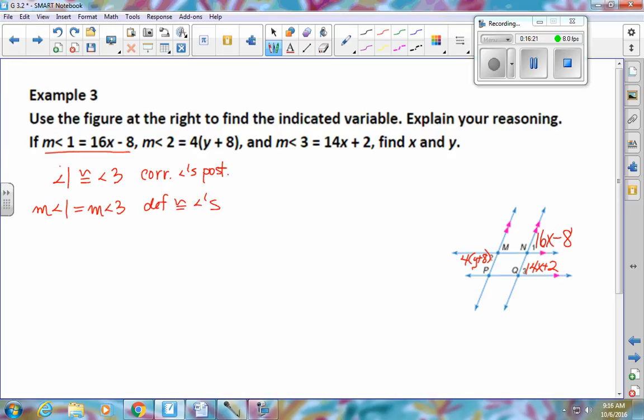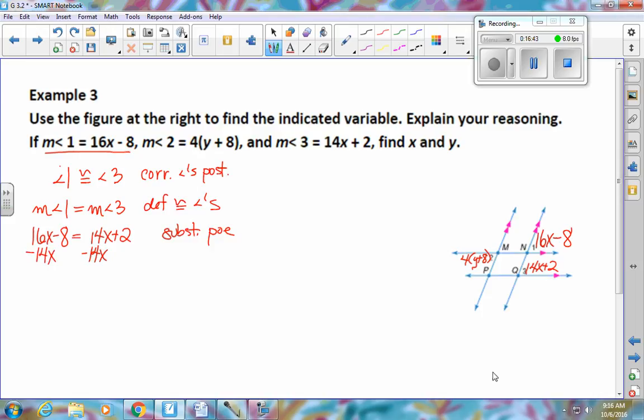From there, we can look at the expressions that we have. We know angle 1 is equal to 16x minus 8, and then we know angle 3 is equal to 14x plus 2. We're now just using substitution, and we know this is the substitution property because we have an equal sign. From here, it's just our algebra.